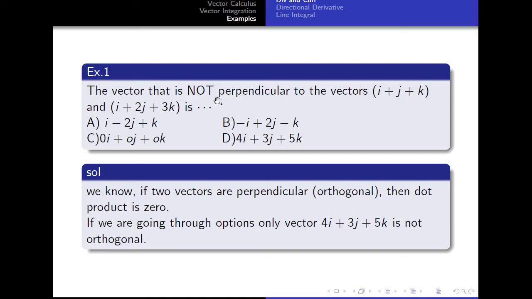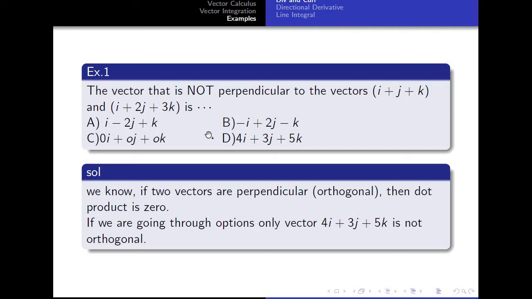We have to find which is not perpendicular to both vectors. I will take the first vector and take its dot product with the options. Take option A: i plus j plus k and i minus 2j plus k.